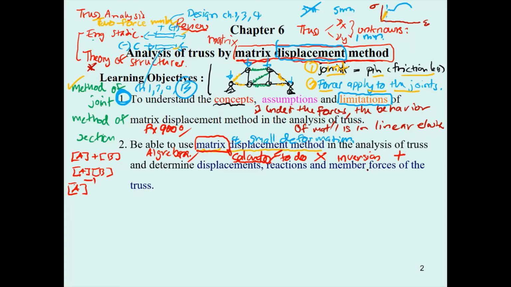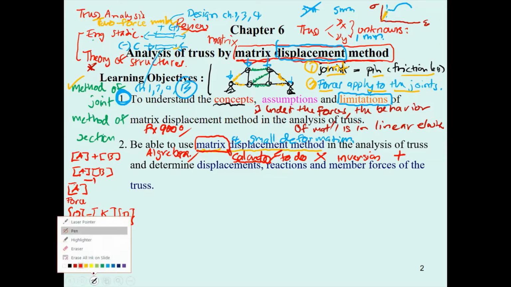Okay, and then when we talk about matrix structural analysis, you will write the matrix in the form of force equals stiffness times displacement. This is the force matrix. This is the displacement matrix.